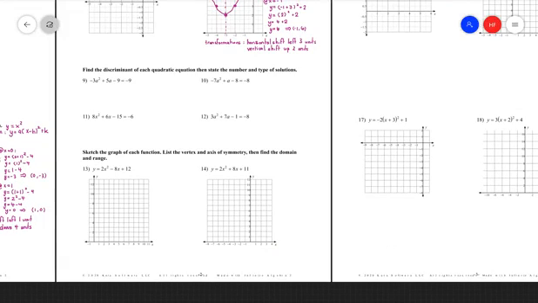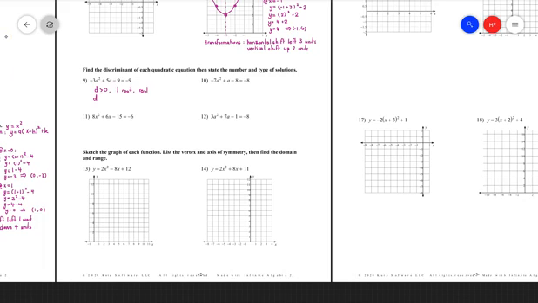Okay, so on the next section, we're finding the discriminant, and then we're going to state the number and type of solutions. So just a quick refresher, remember that if D, our discriminant, is greater than 0, so some number that is positive, we will have one root, and it is real.